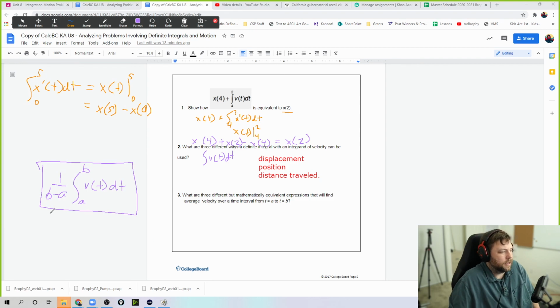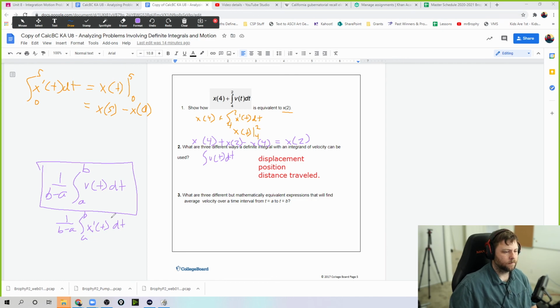How could I rewrite that differently? Well, instead of v of t, I can write x prime of t. I think this is what they're looking for. That'd be valid too, because velocity and x prime of t are the same thing.